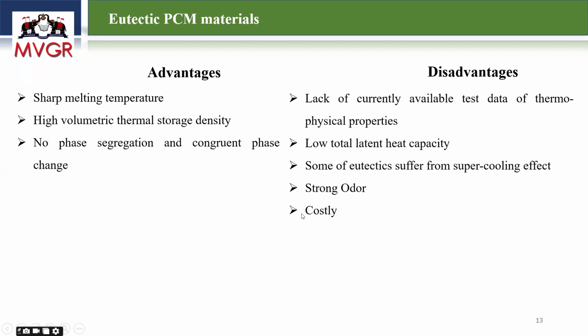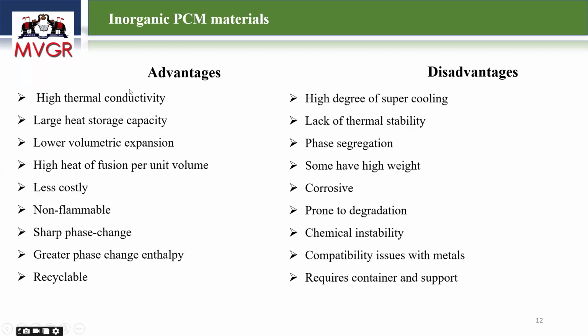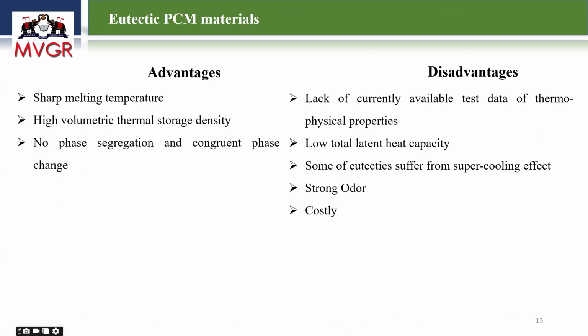And coming to another classification, that is eutectic. Eutectic materials are a combination of materials, like organic to organic, inorganic to inorganic, and sometimes an organic-inorganic combination. These kinds of materials we can call eutectic materials.